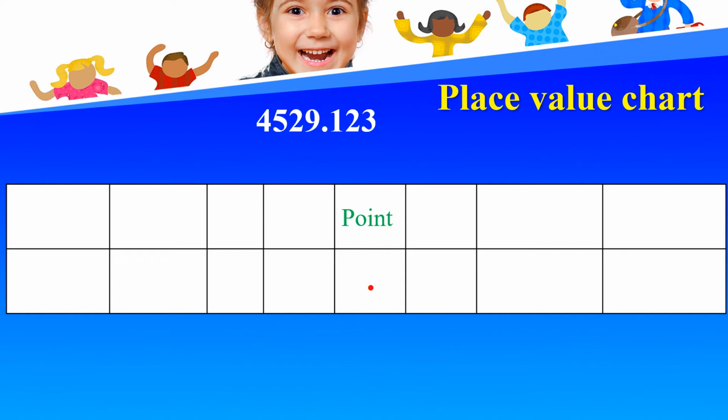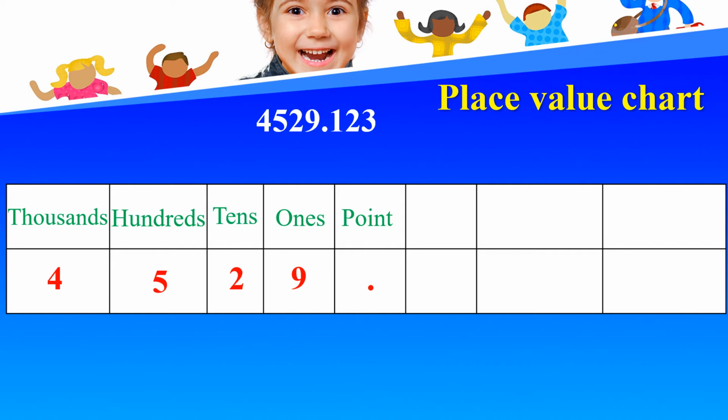The whole part starts from ones. In the ones place we have 9. Next we have tens. In the tens place we have 2. In the hundreds place we have 5. Next we have thousands. In the thousands place we have 4.